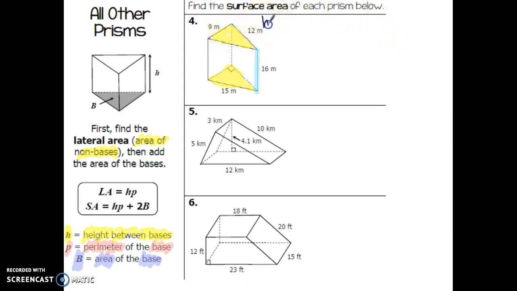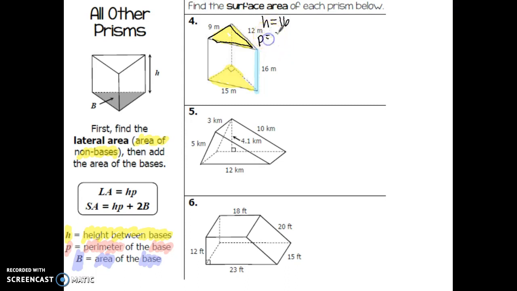So my H here, that is the height between the bases. I'm going to look for that first. We found that already. That is 16. For my perimeter, that is my perimeter of the base. So I'm going to take all 3 sides of this, and I'm going to add them up.